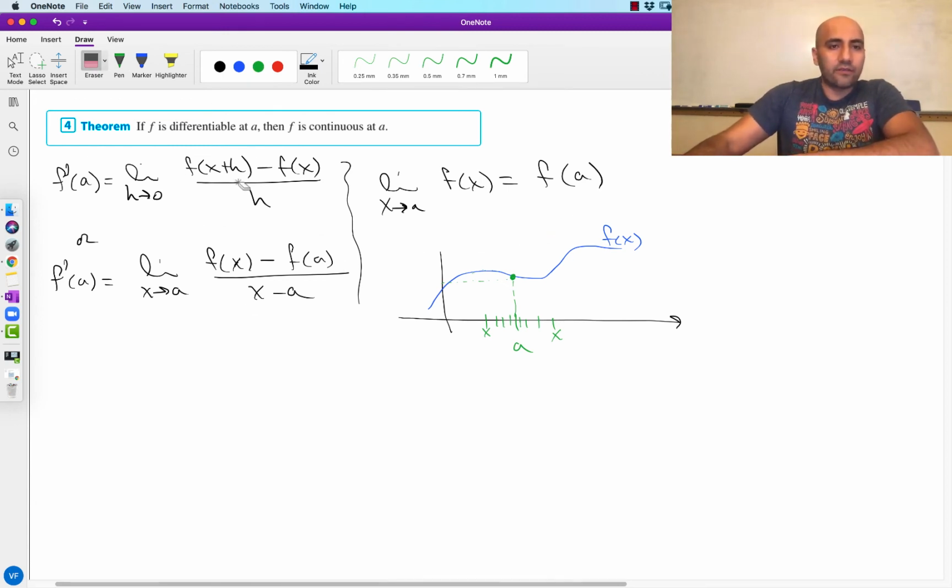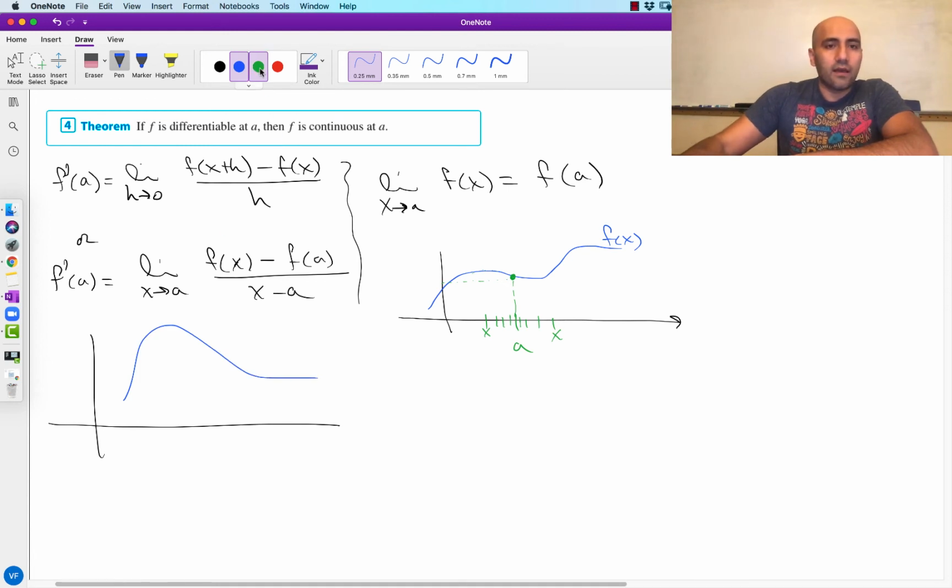And a little picture for the differentiable one. So remember that this one means that if we have some function, let's say that that function does that, and we have a tangent line like that, say at that point there, you can say that that point is equal to some value a.